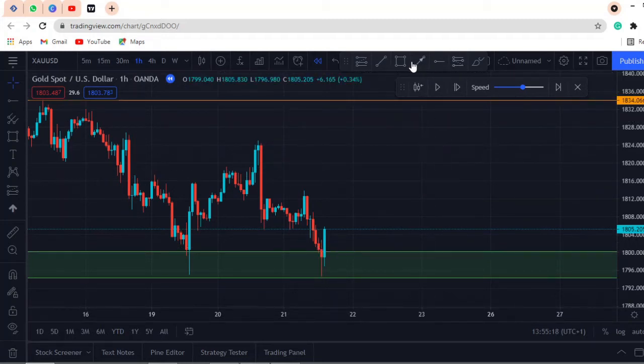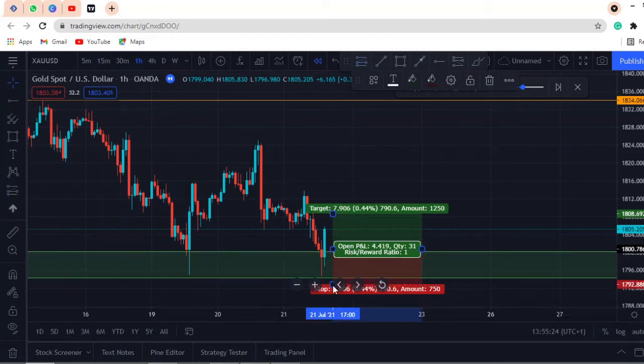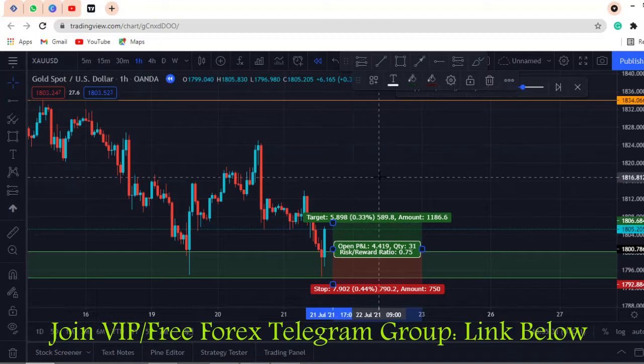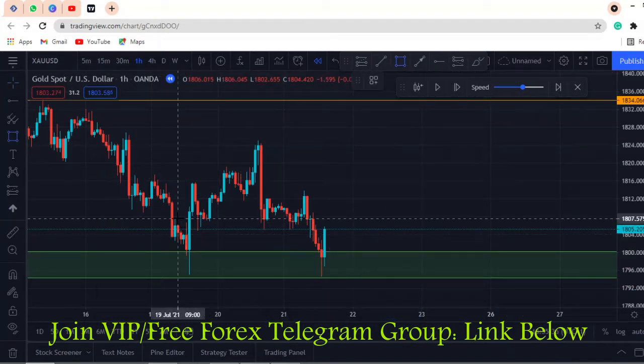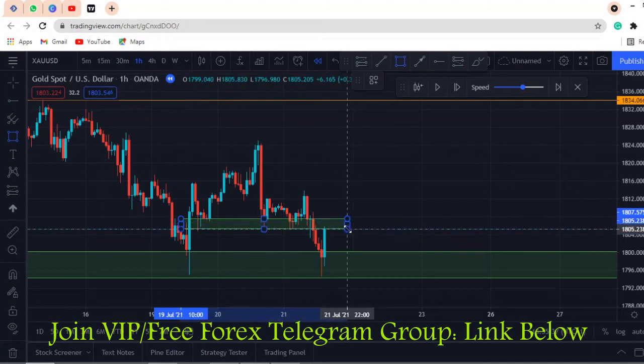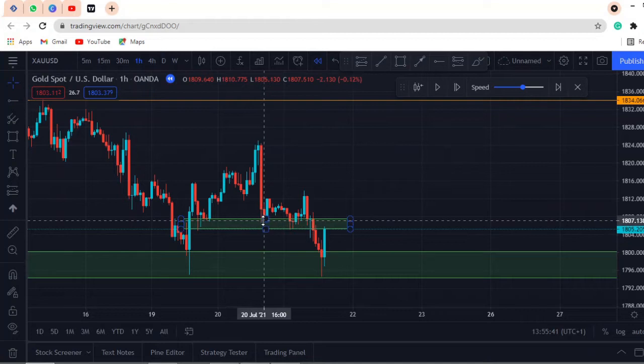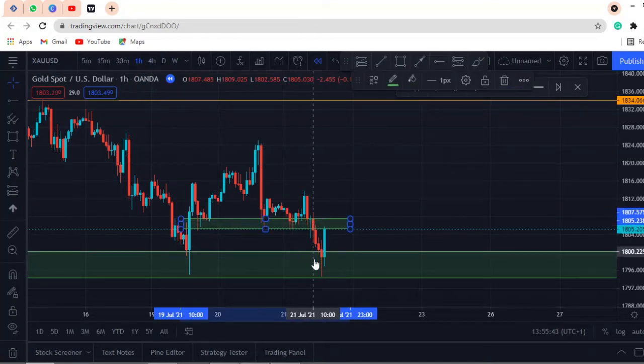We entered our buy there. Then I put my stop loss just below the zone. Then I targeted just somewhere around here, because if you look at it keenly, there's another zone there, because you can see rejection here, then broken.